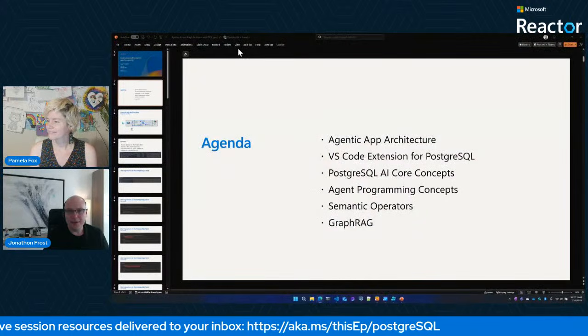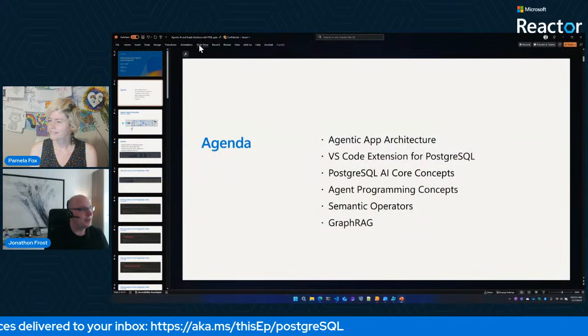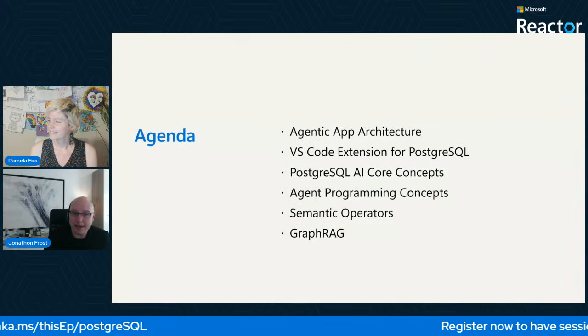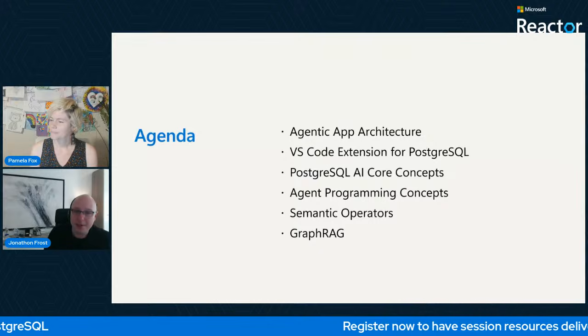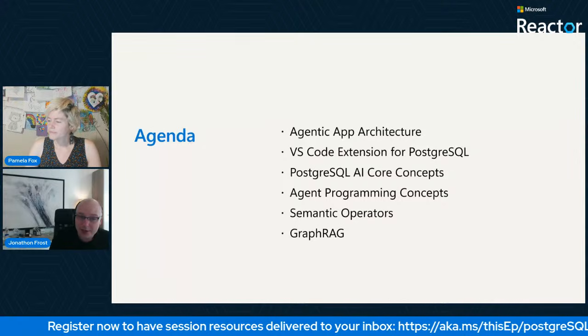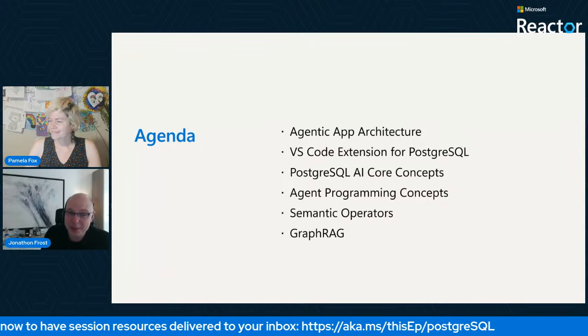All right, perfect. So here we go. Excellent. So let me go into our full screen mode. And so, yes, as Pamela mentioned, today we're going to talk about Postgres and Agentic applications. So our agenda today is quite a few topics that we're excited to get through.